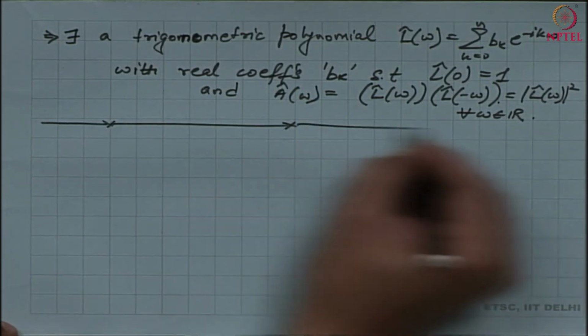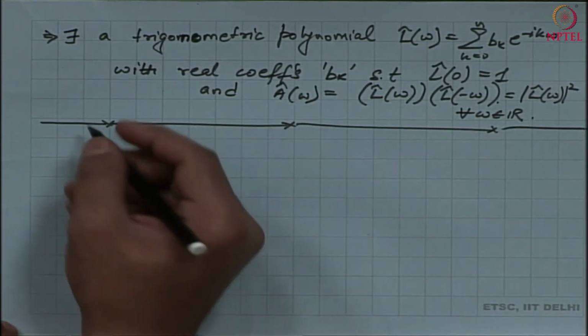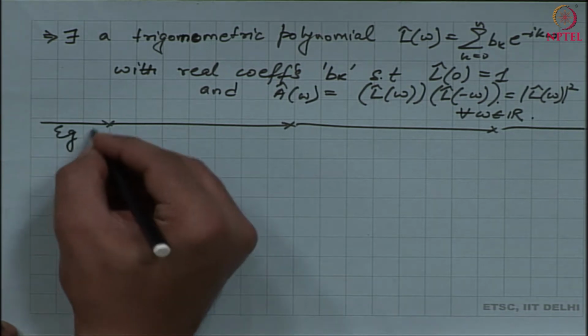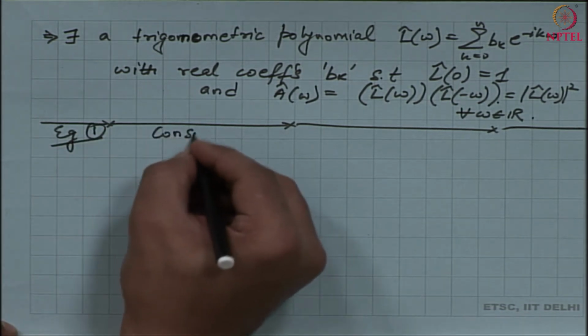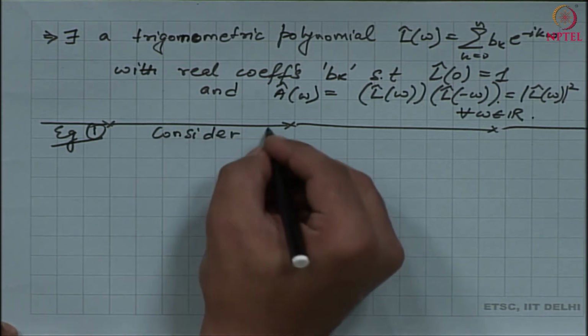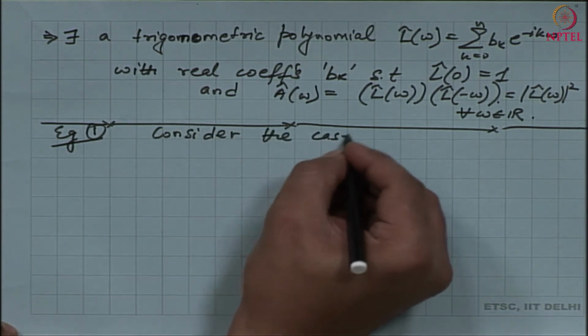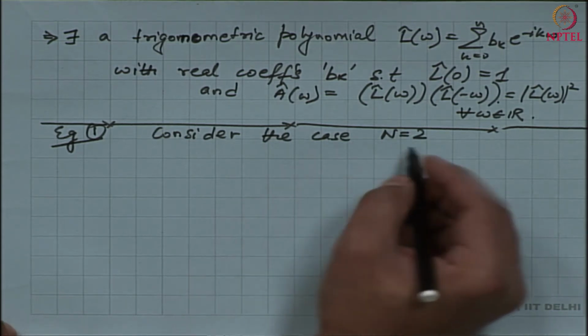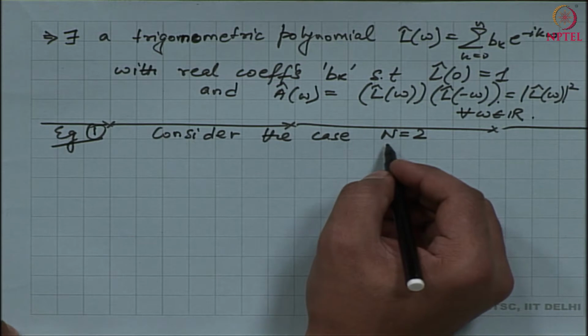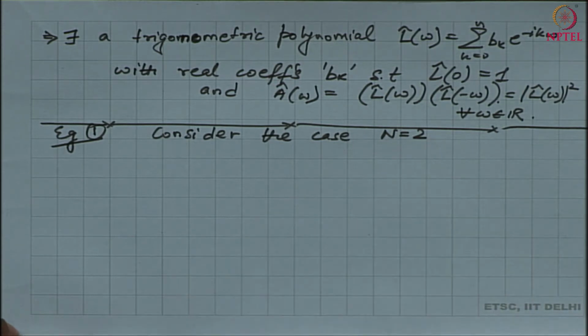So, let us look at an example on how to construct the Daubechies wavelet. Okay, so let me show you one example. Let me consider the case when n is 2. Okay. So, I am going to consider the case where I have vanishing moments up to order 2.